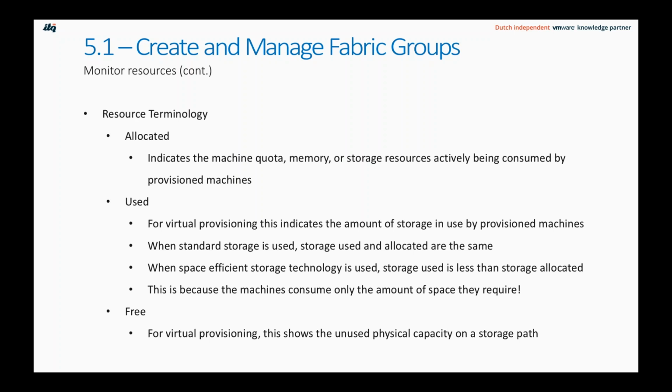This one indicates the amount of storage that is in use by provisioned machines. When standard storage is used, the storage used and the allocated label are the same. When space efficient technology is used, storage used is less than the storage allocated, because the machines consume only the amount of space they require.